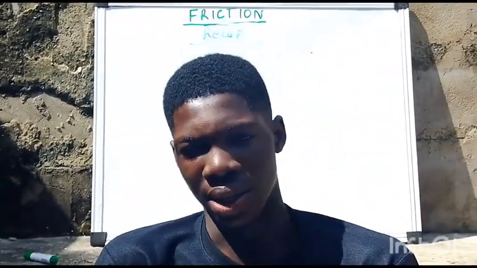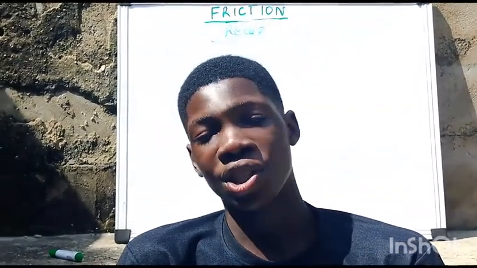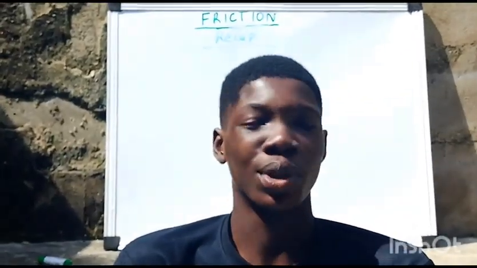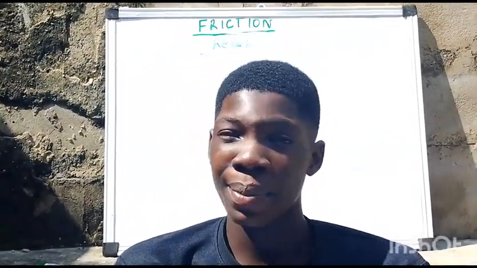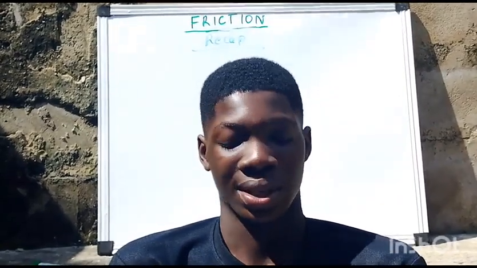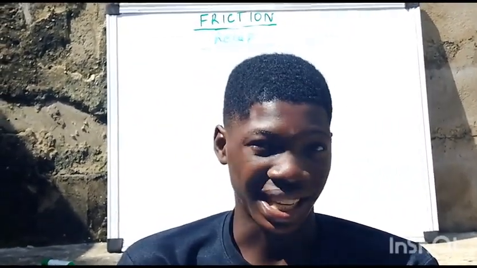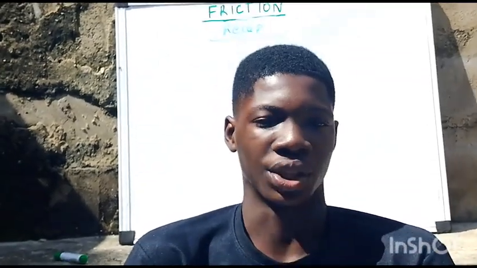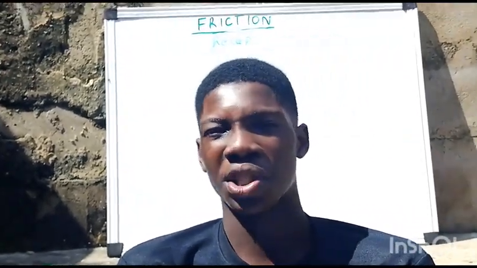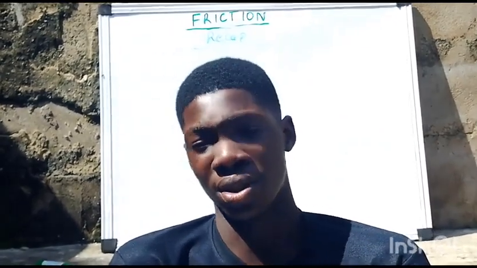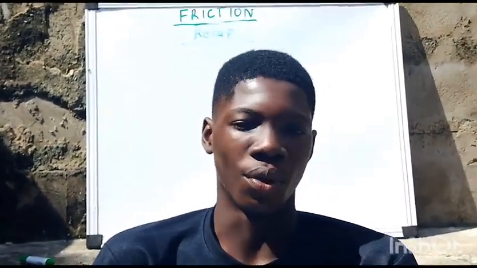So now, let's recap everything we learned today. We said friction is a force that opposes motion between two surfaces in contact. We established that there are three main types of frictional force: static friction, kinetic friction, and rolling friction. Then we said that friction depends on the nature of the surfaces and the normal force.